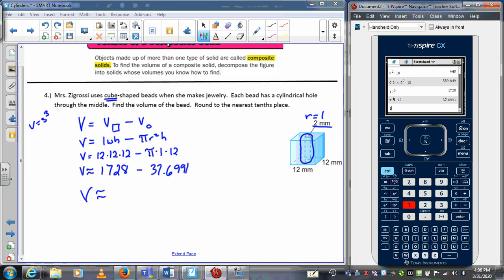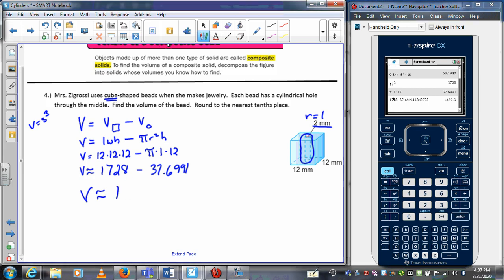So 1728. Now I'm going to use this little function that a lot of calculators have, which is to use the answer from the previous line. So control answer. Whoops. And I got 1690.3 millimeters cubed.